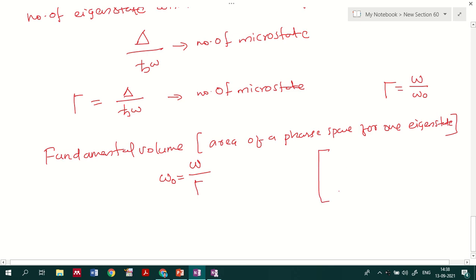And already we identified omega equal to what? It is 2 pi delta by omega square, and gamma equal to what? It is delta by h cross omega. Okay, now if I substitute this into the equation, one second, let me just take the equation.